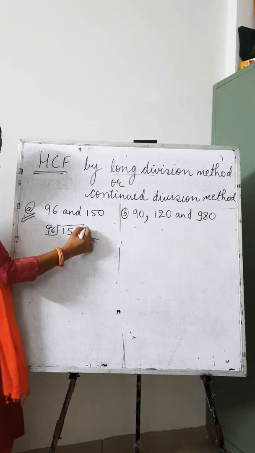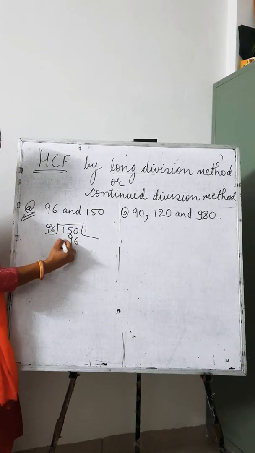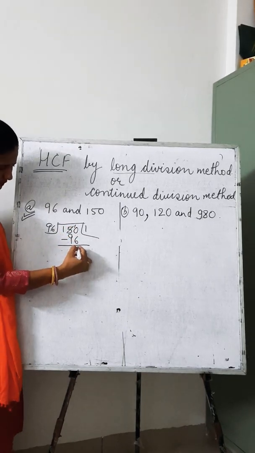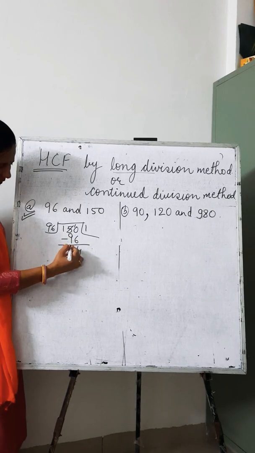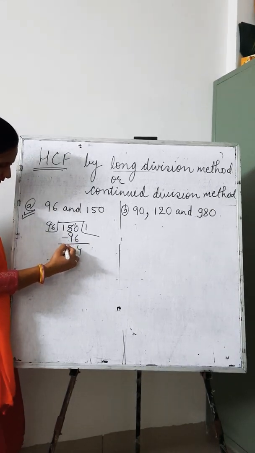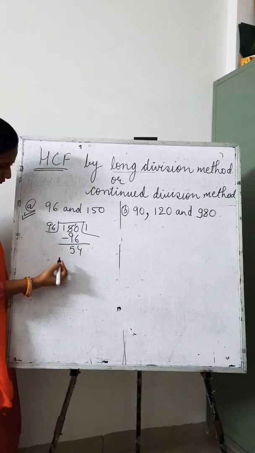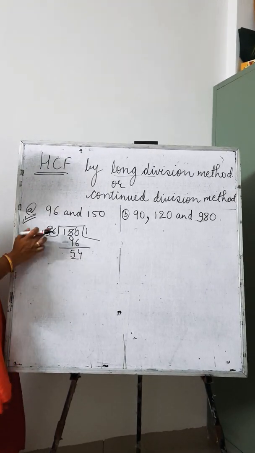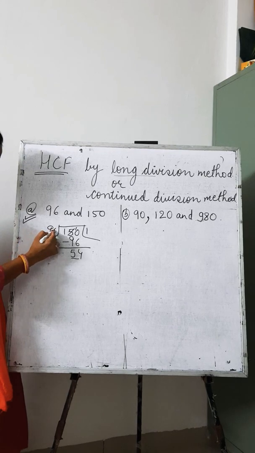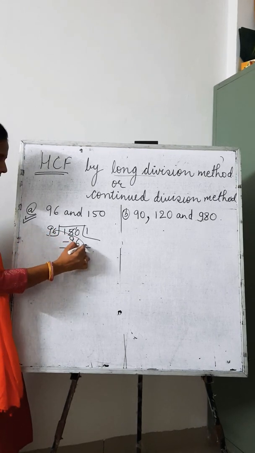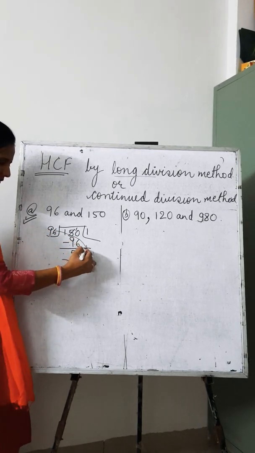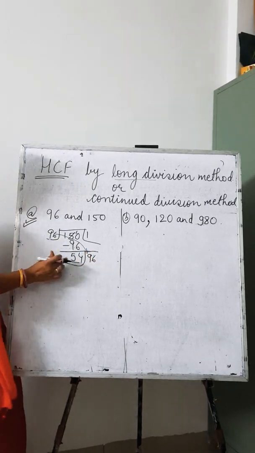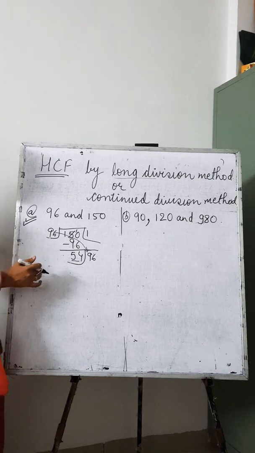I have to write 96 ones are 96 only, and then here 10 minus 6 is 4 and 14 minus 9, 54. Now 54 is a smaller number than this divisor. That's why this divisor will get inside as a dividend. It will act as a dividend, and the smaller number again will act as a divisor.